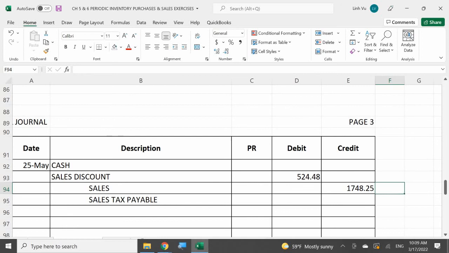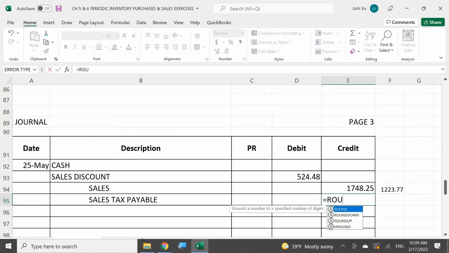Now I need to figure out how much tax. Am I going to be taxing at the full amount or the discounted amount? Discounted amount. So in this case, I got $1,223.77, and that's the amount I'm going to be collecting tax off of. So what's my tax going to be? $43.27.